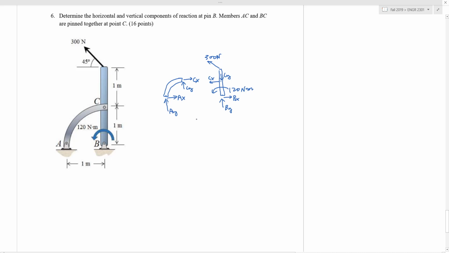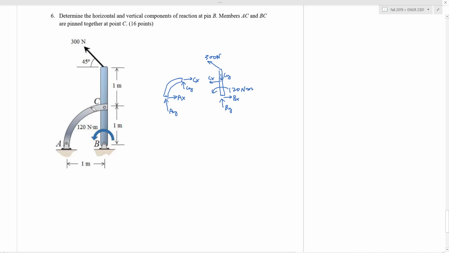However, if you recognize that AC is actually a two-force member, you will realize that the force associated with AC has to be in this direction along the orientation connecting these 2 points, A and C. For that reason, and don't forget, you actually are not asked to solve for the force in AC.